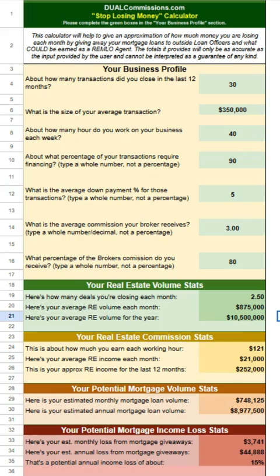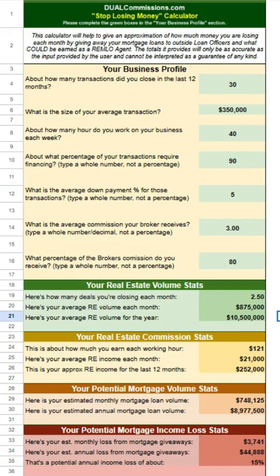Under the green section here is your real estate volume stats. Here's how many deals you're closing each month: 2.5. Here's your average real estate volume each month, $875,000. And here's your average real estate volume for the year, $10,500,000. Now the yellow, or gold, area down here talks about our real estate commission stats.